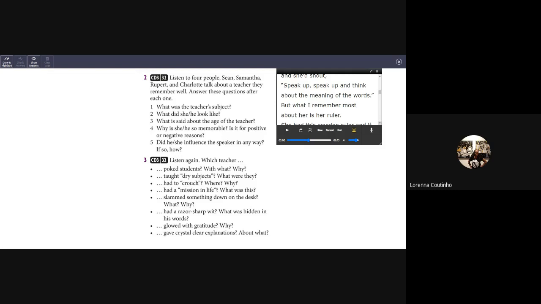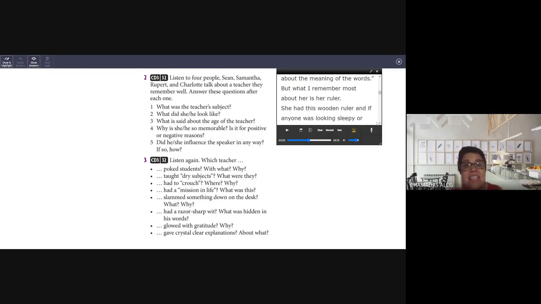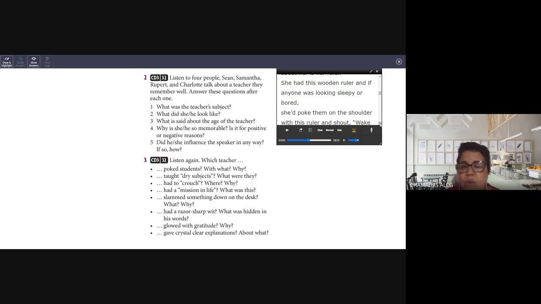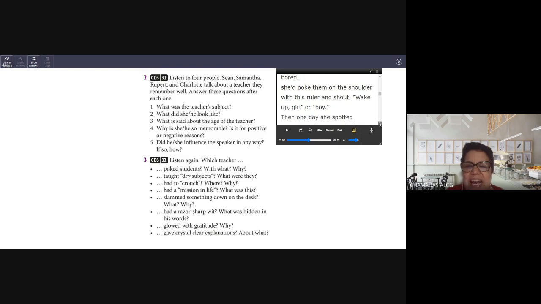Speak up, yes. Speak up. Yeah, that's it. And another thing she used to do, she had this wooden ruler, and if anyone was looking sleepy or bored, what would she do? She would poke them on the shoulder with the ruler and shout, "Wake up, girl," or "Wake up, boy."